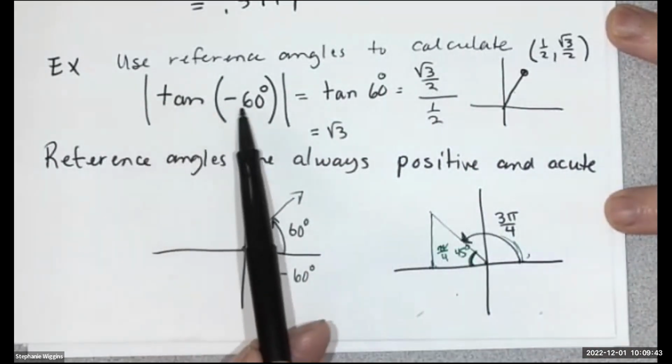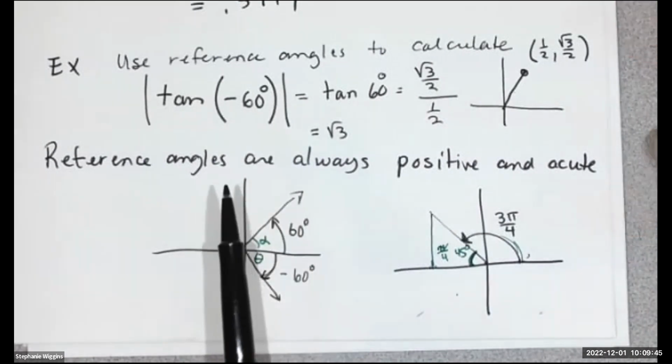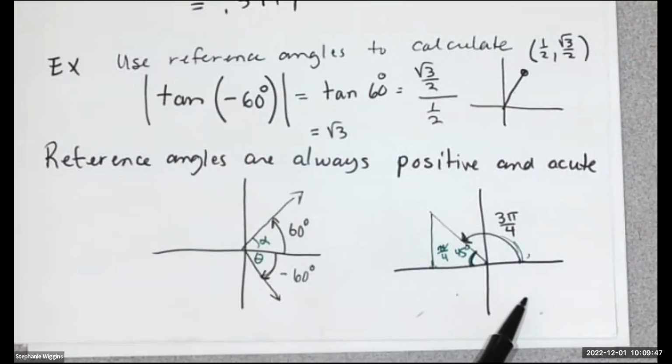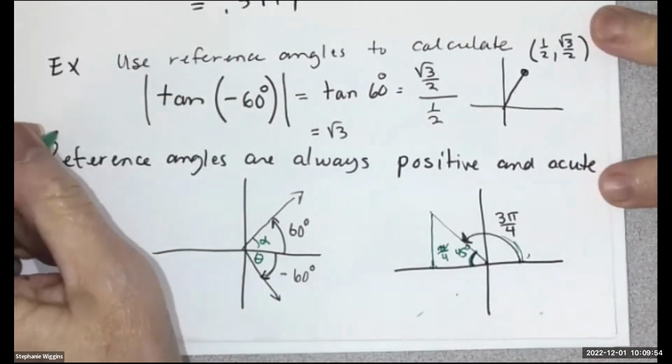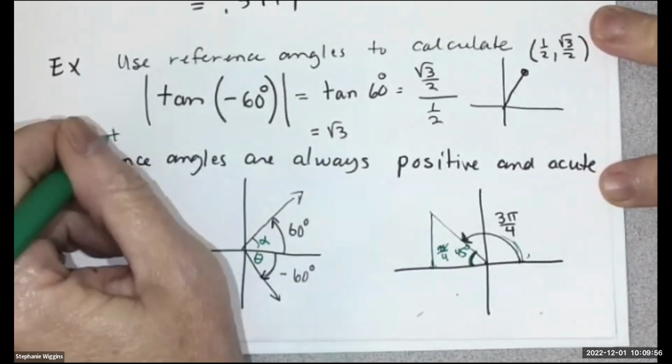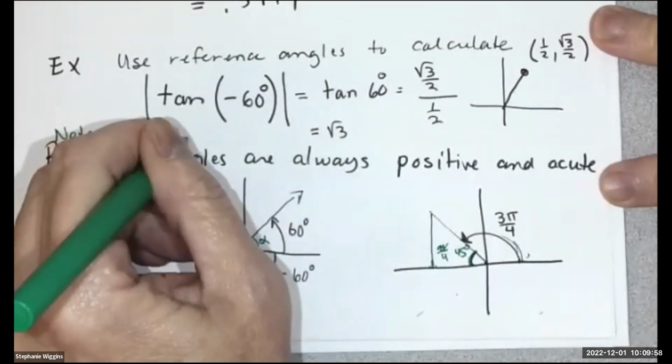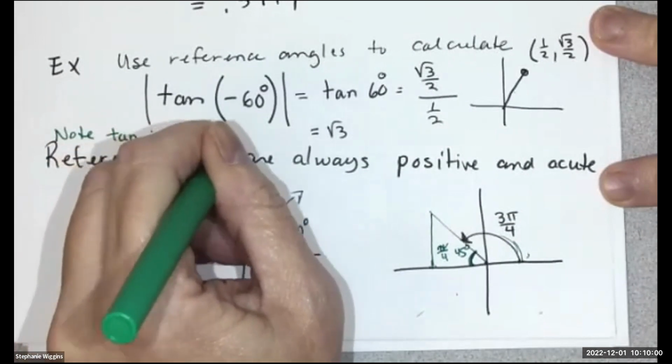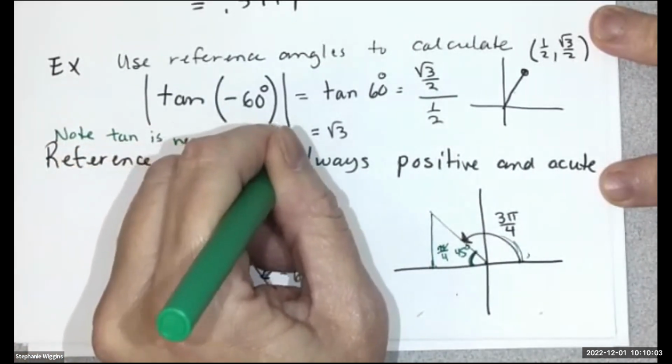However, we're taking tangent of negative 60 degrees, and that is going to be in the fourth quadrant, and tangent is negative in the fourth quadrant. So we'll write this note here. Note, tangent is negative in the fourth quadrant.